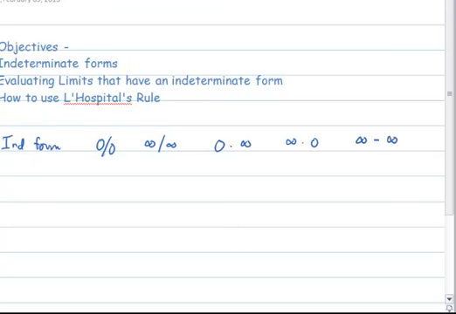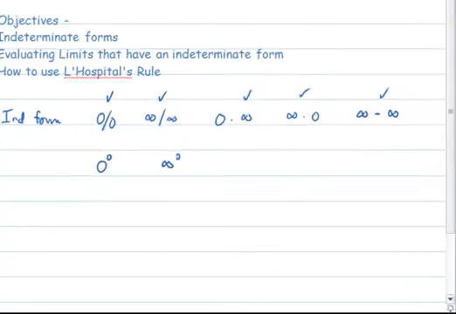You may get 0 raised to the 0 power or infinity raised to the 0 power. These are all forms where you basically cannot say what the limit is heading to. It's called indeterminate. So we're going to deal with the first couple, and then we may work with a couple others with some examples to just show you how you navigate the waters for the different types of indeterminate forms.